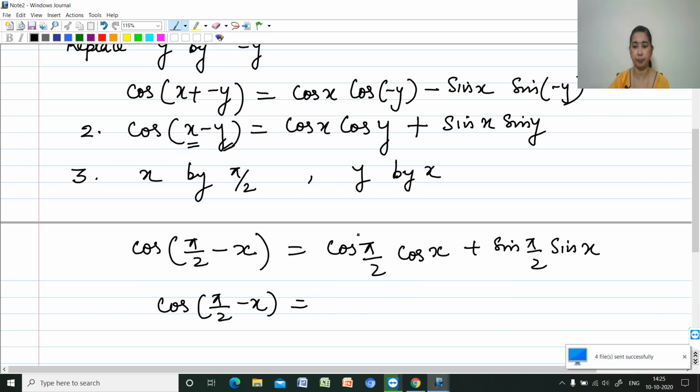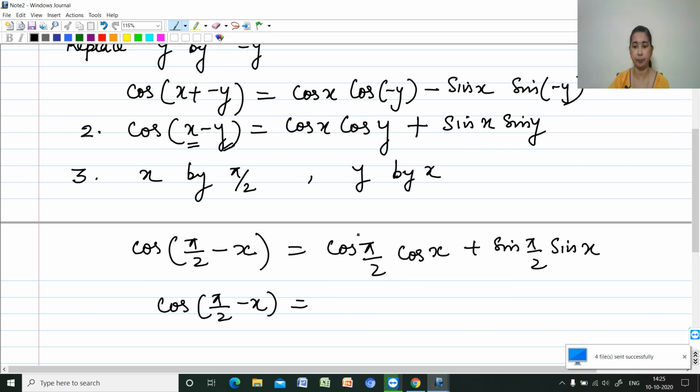So the third identity which you have to learn is cos of pi by 2 minus x is equal to sin x. The first one: cos of x plus y is equal to cos x cos y minus sin x sin y. The second one is cos of x minus y is equal to cos x cos y plus sin x sin y. The third one: cos of pi by 2 minus x is equal to sin x.